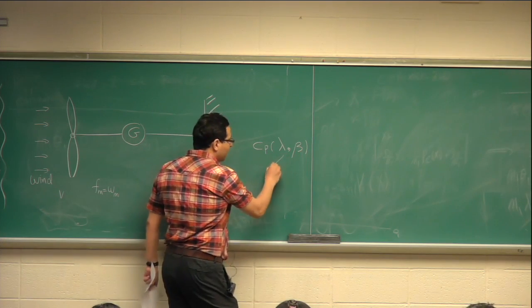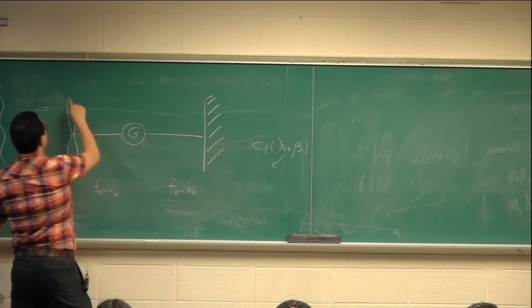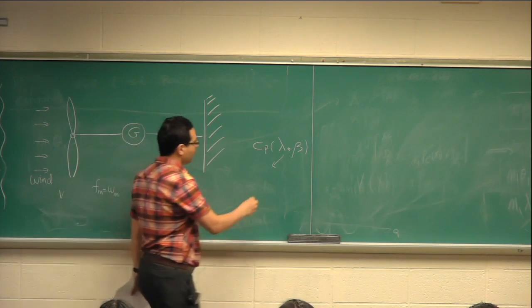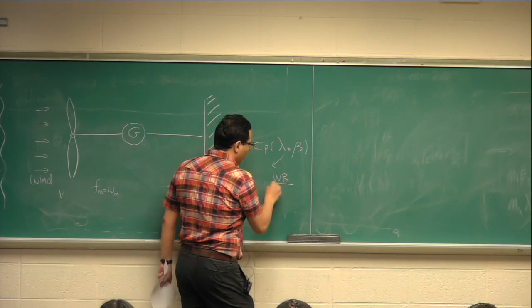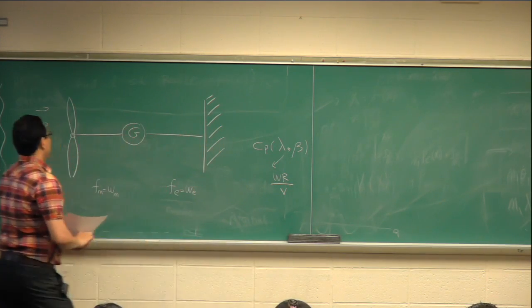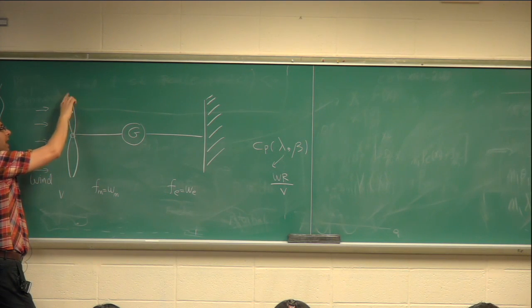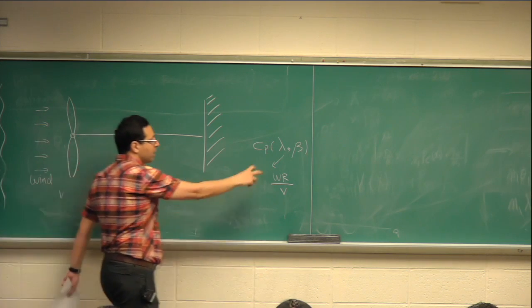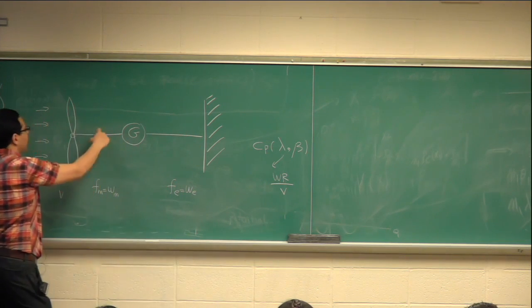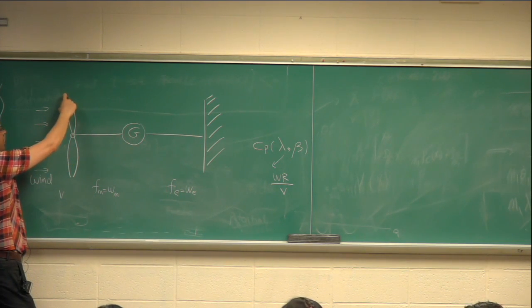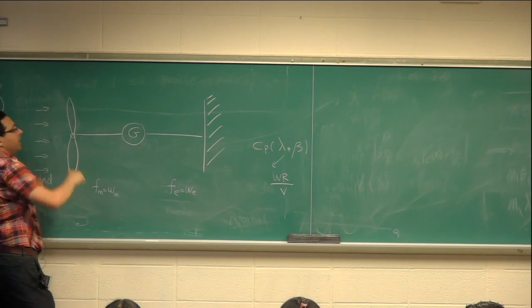And this lambda is the tip speed ratio, so it's omega r over v. Omega multiplied by the radius is the rotation that I get from the actual rotation here, and this is the wind that I can sense.